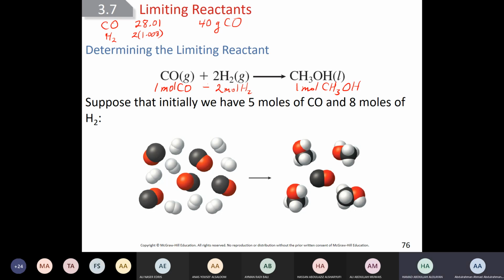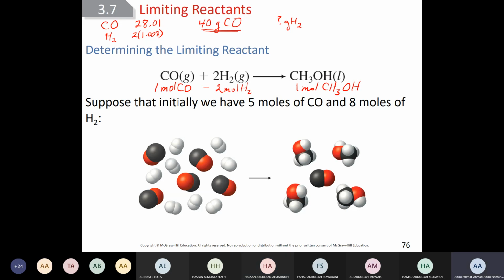If I have 40 gram CO, how many grams hydrogen? 5.76. 2.85. No, you have to convert it into a mole. 5.75 gram. Yes, exactly.